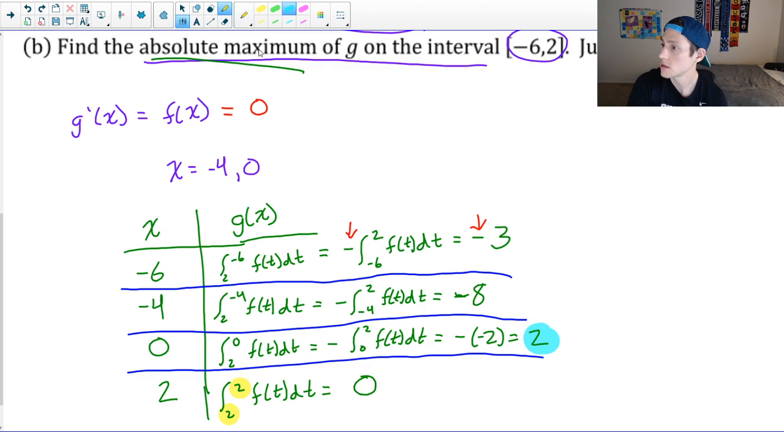So let's put this into a final answer. It's ugly.